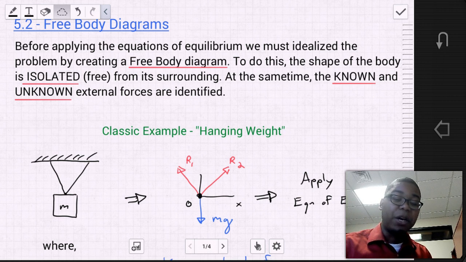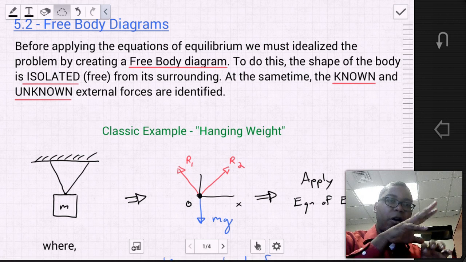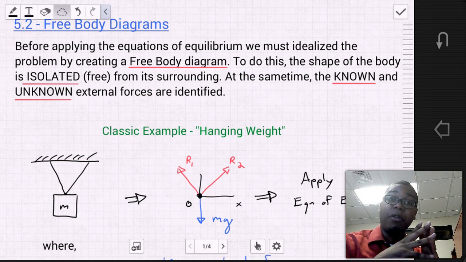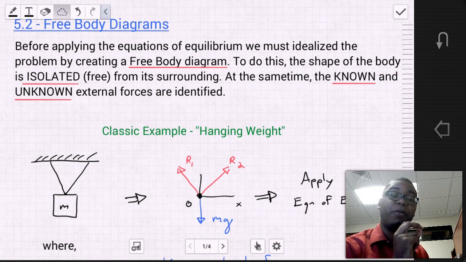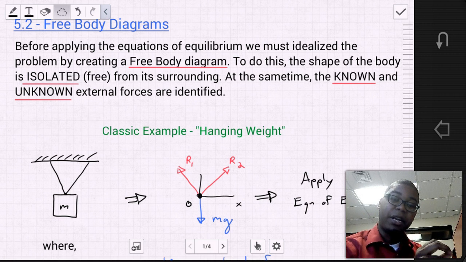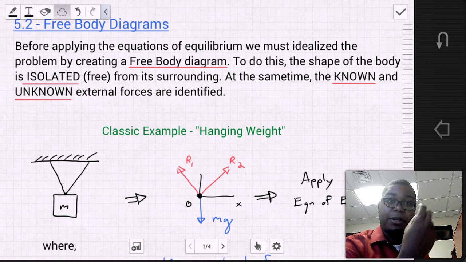So what we've done is we've taken the real world, an image of a real world structure, and simplified it, removing all of the volumetric information and all the distracting things, and leaving only the force vectors and the couple moments and the positional information that will allow us to solve the problem. And at that same time, we identify the quantities we know, and also the unknown quantities, those unknown external forces that we need to identify.